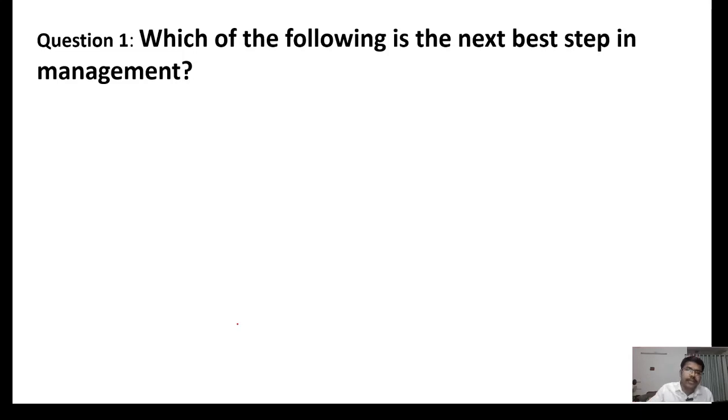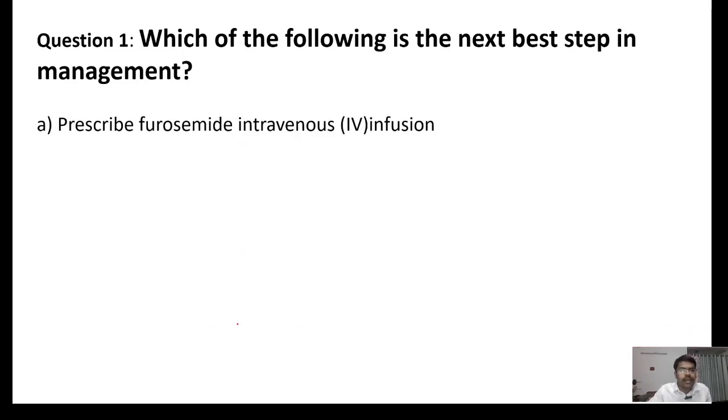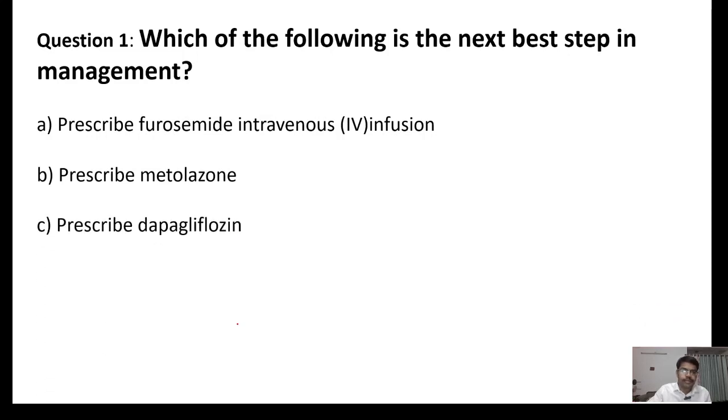The options we have are: prescribe intravenous furosemide, either bolus or as an infusion; prescribe metolazone; prescribe dapagliflozin; or go for extracorporeal isolated ultrafiltration using the dialysis machine.